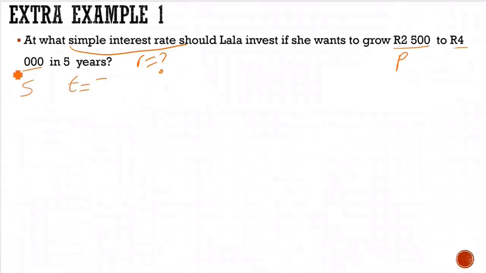So your time is 5. There's nothing you need to do here except substitute everything, and then you're going to have S is equal to P into 1 plus RT.